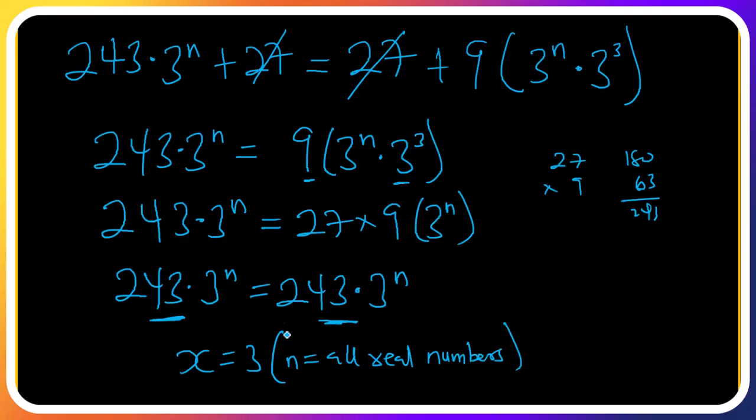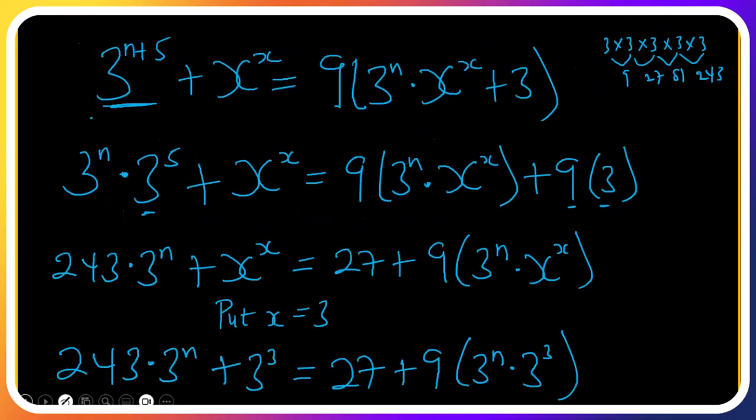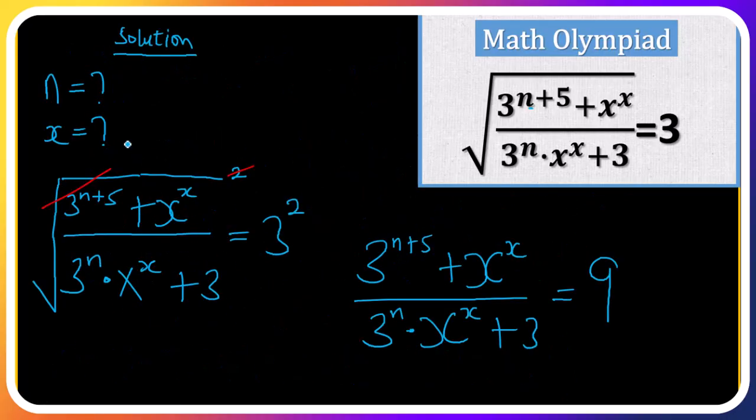N could be negative, it could be positive, and we are still going to get the same thing, since what we are getting here is equal to what we are getting here. N would be equal to all real numbers, and x is equal to 3.